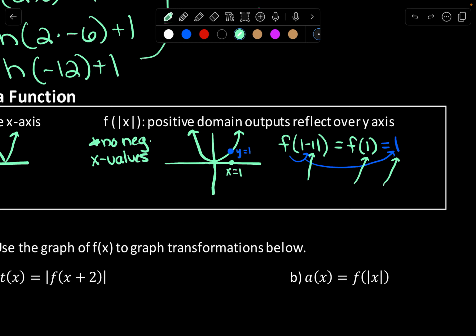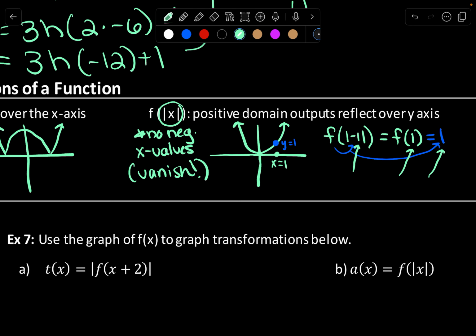So whenever the absolute value is applied to the inputs, all the negative x values go away. They literally vanish because they no longer exist. So we steal the output values from the positive side because now all of our negative x values are positive. And that should not look like a quadratic. That's just a coincidence, not from x cubed.